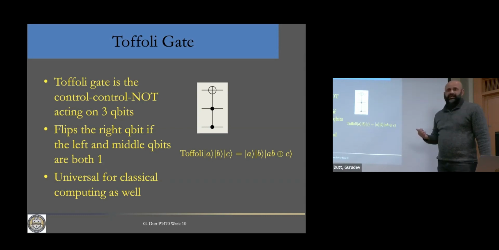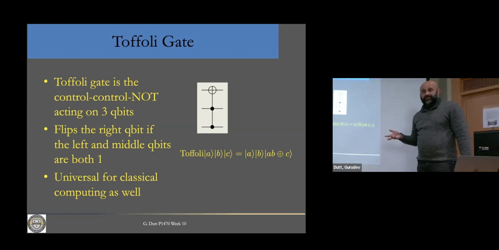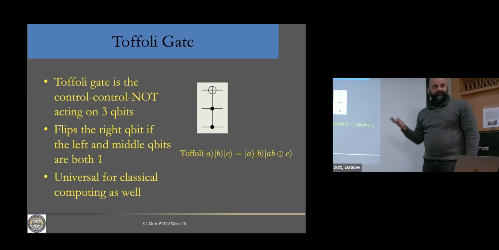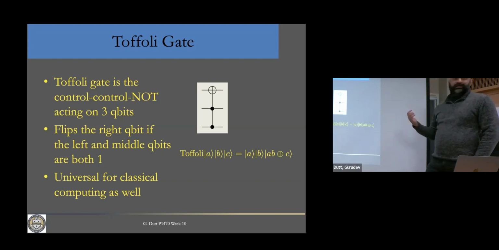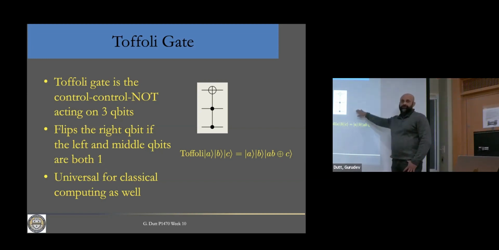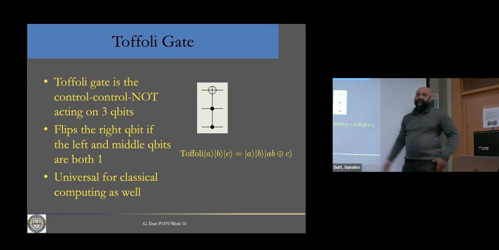It turns out that this gate, I mean, if you think back to a few weeks ago when we discussed classical computing, I told you about reversible classical computing. Very briefly, but we talked about it. And Toffoli gate is actually coming from classical reversible computing, where it was shown that this gate is universal for classical reversible computers.